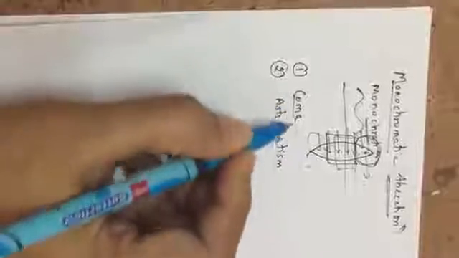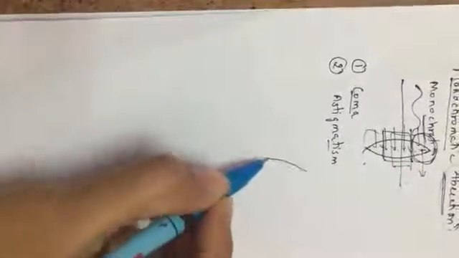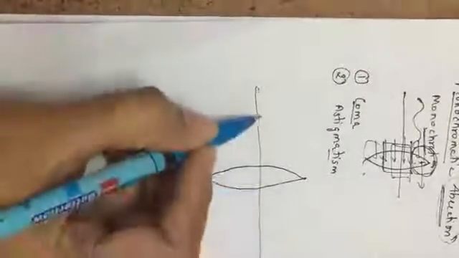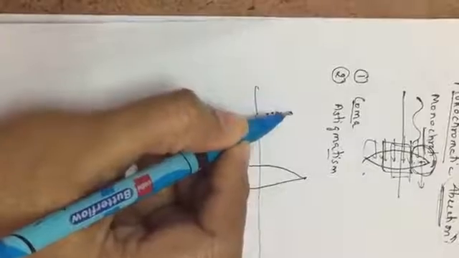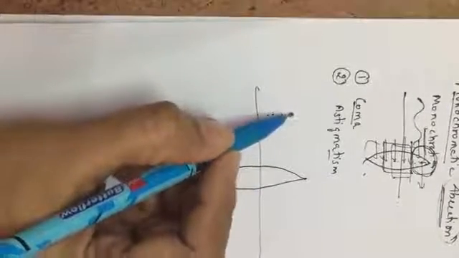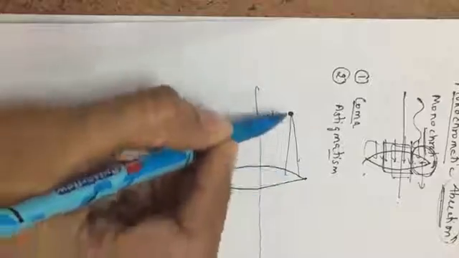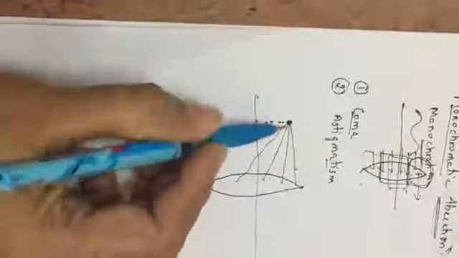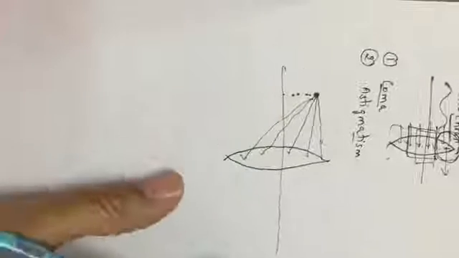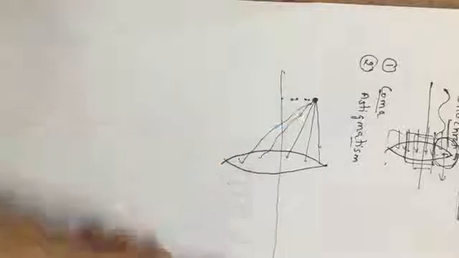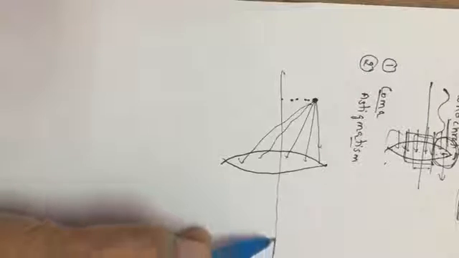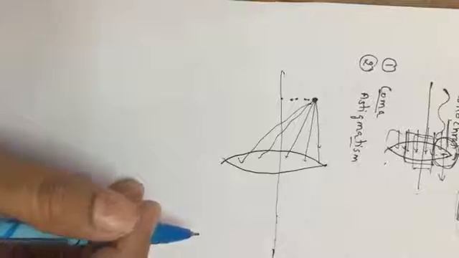In case of coma aberration, if the object is far away from the principal axis and giving incident radiations at different positions of the lens, on the screen we obtain not a single point image. We get different images at different points on the principal axis.